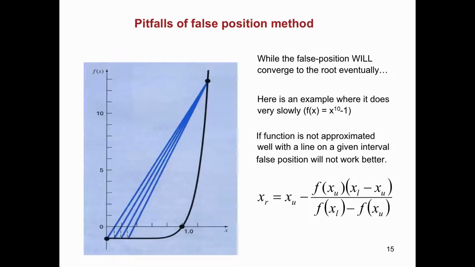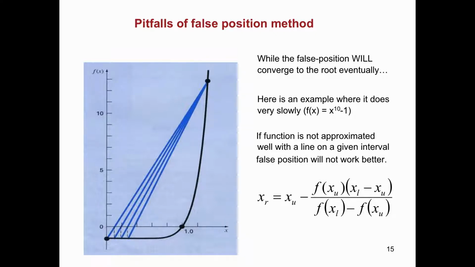However, in this case, which is the function you were looking at, x to the 10 minus 1, the function itself, here in black, is way different than its linearization. If I start on 0, 1, or around 0, 1, then the linearization of the function, which is basically what false position does, approximates the function with one of these blue lines.